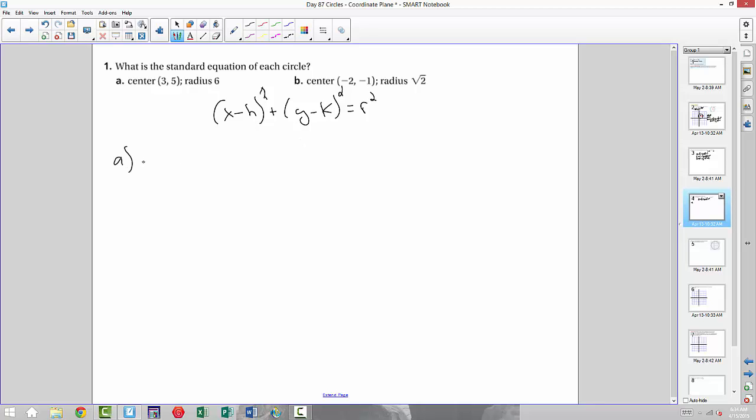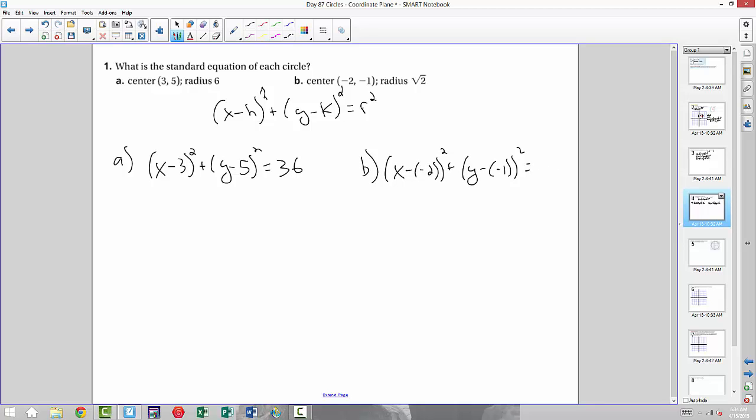So for A, I have (x minus 3) squared plus (y minus 5) squared equals 36, because 6 squared is 36. For B, I have (x minus negative 2) squared, and (y minus negative 1) squared equals square root 2 squared.